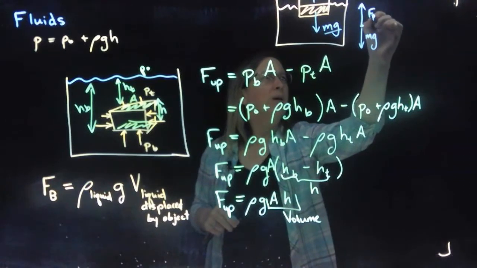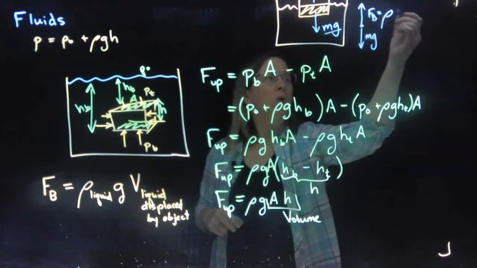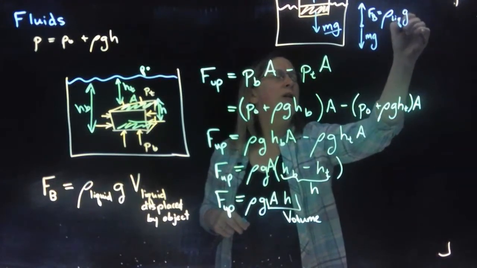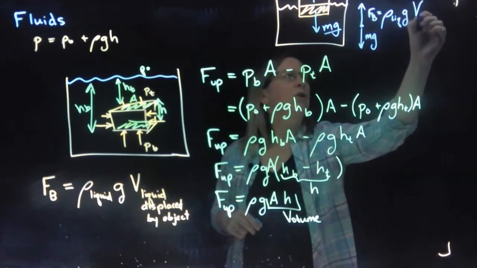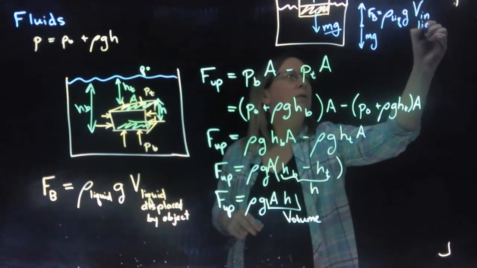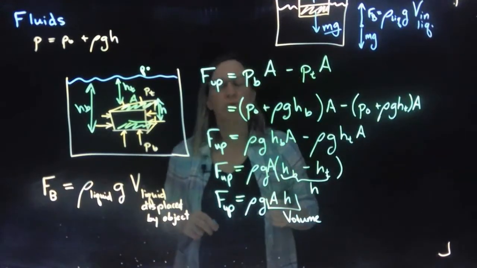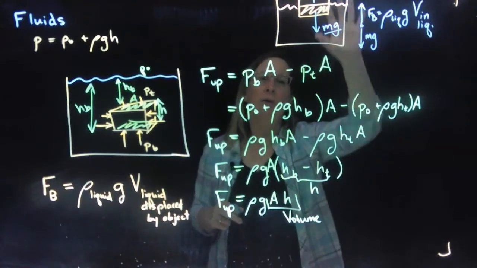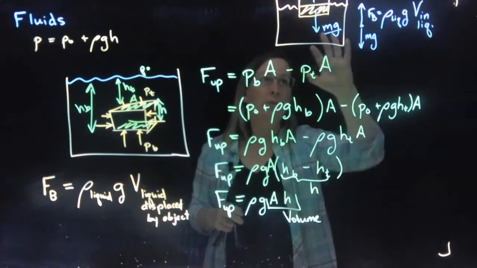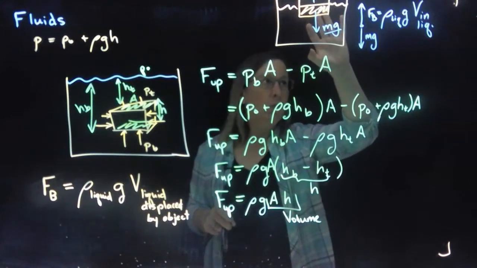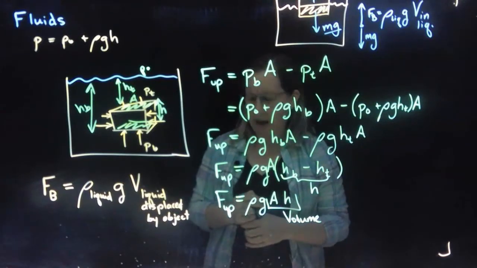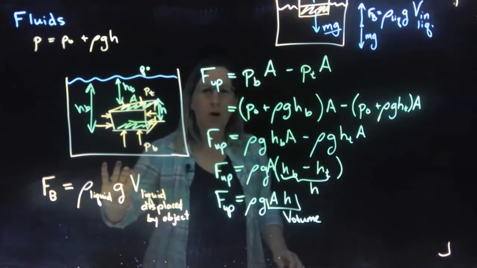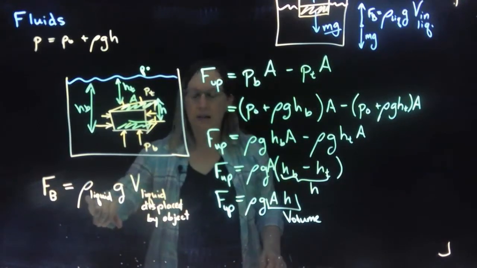The FB that's up is rho of the liquid times g times the amount of volume in the liquid, the part that's submerged. That would be equal to your mg when you have something floating, because it's in static equilibrium, so the forces do balance. And so this buoyant force depends on the volume of the object and the density of the liquid.